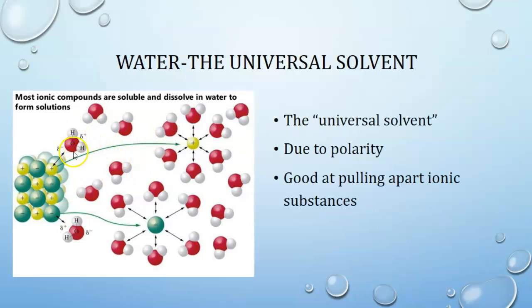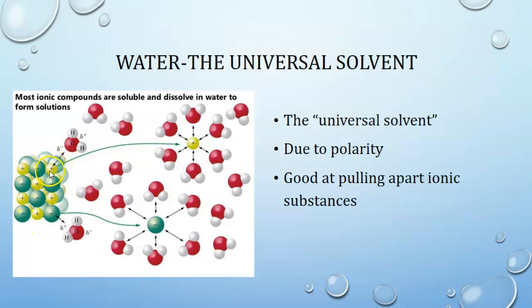Here's the water molecule. So we know that the OH bond is polar and that the electrons are slightly closer to the oxygen than they are to the hydrogen in that bond. And so the oxygen becomes partly negative and the hydrogens become partly positive. So that's why water is a polar molecule. If you look at the crystal, this would be something like sodium chloride or table salt.